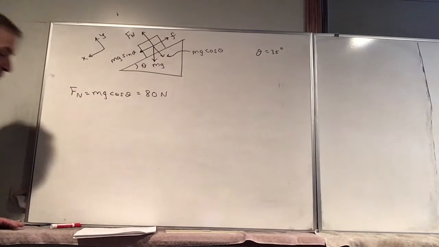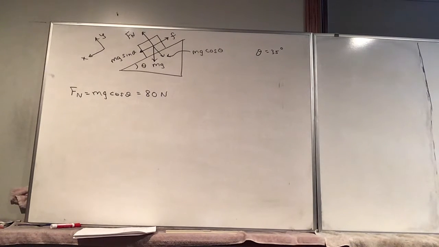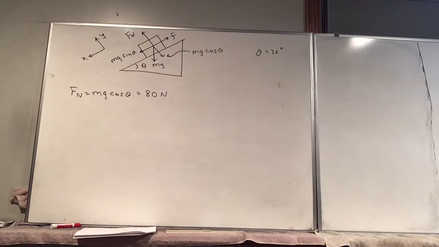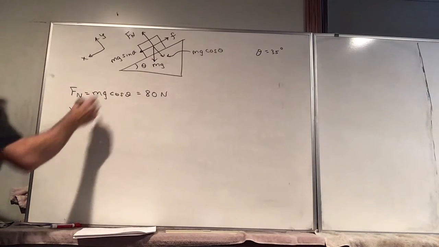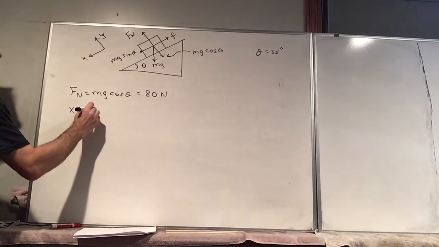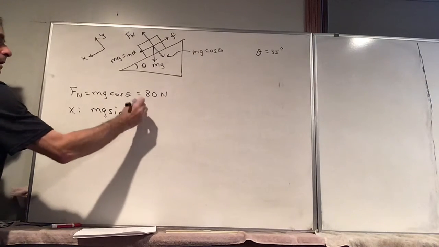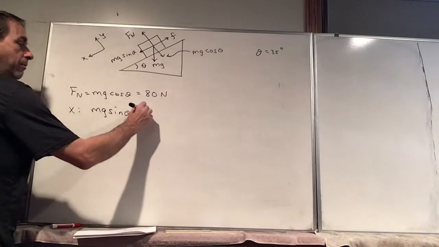And then if the friction force is 30 newtons, what is the acceleration of the block? So here we would have, in the x direction going down the incline, mg sine of theta, and then minus the friction force, which was given, 30 newtons.